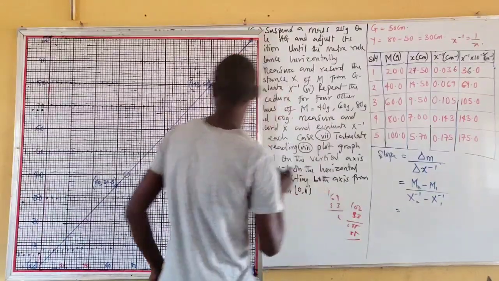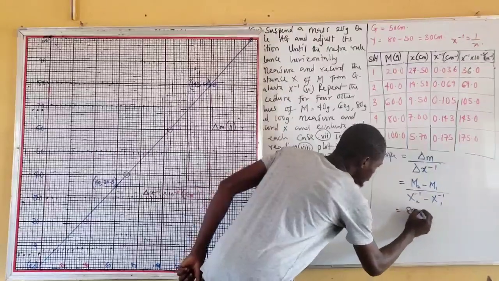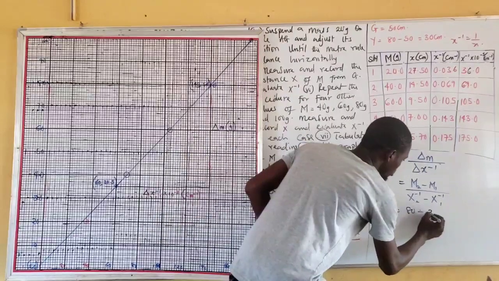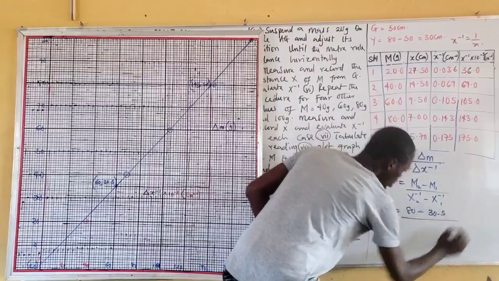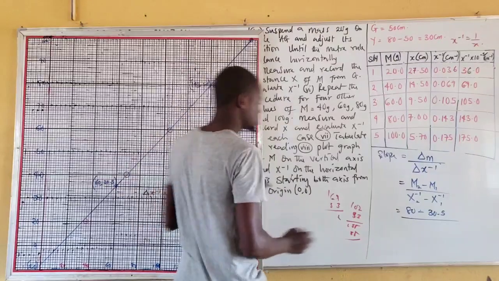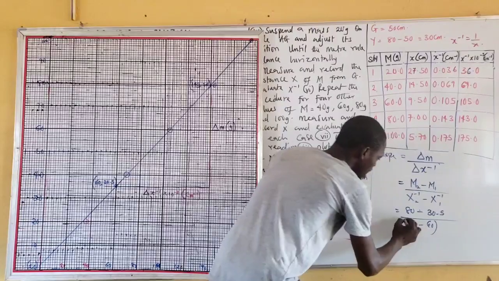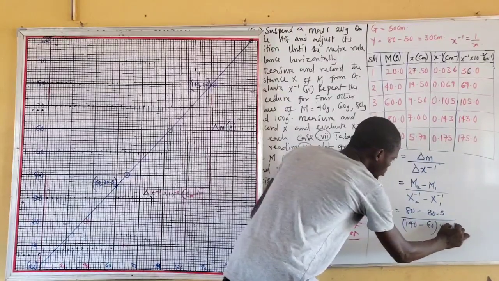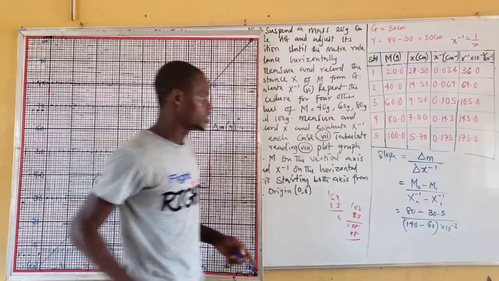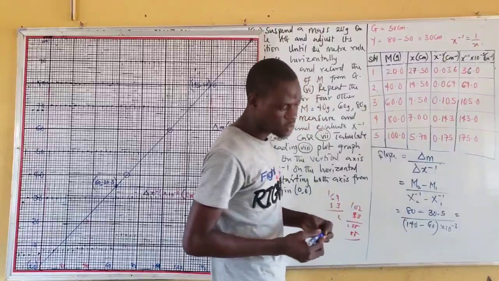Now, what is my M2? My M2 is 80, minus my M1, which is 30.5, all over my S inverse 2, 140 minus 60, everything times 10 raised to the power minus 3, because there is 10 raised to the power minus 3 in that place. Now, I should be having 80 minus 30.5.